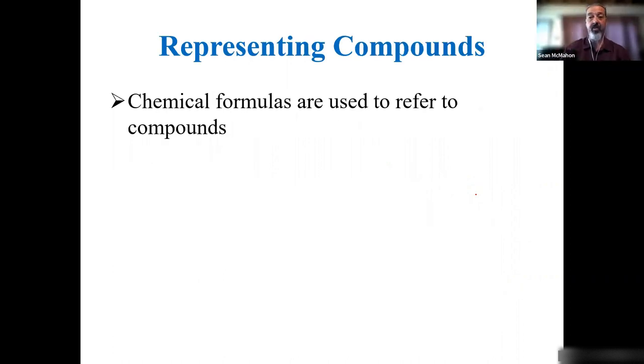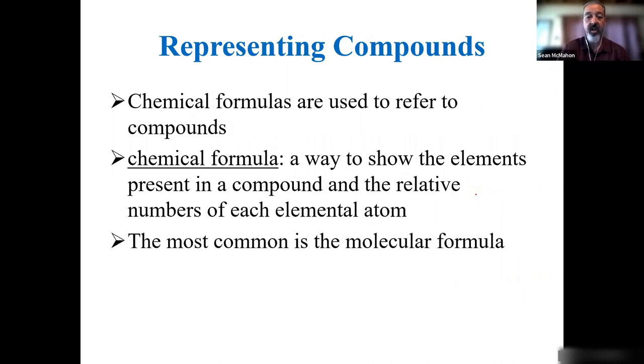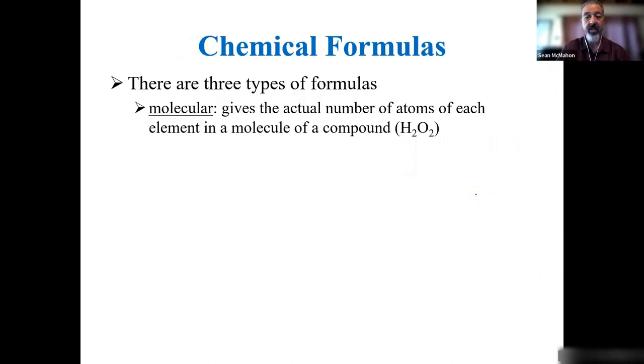So we want to be able to represent things in the correct ratios so that we can have the correct chemical formulas. So that's what a chemical formula does for us. The most common way to do this is through what's referred to as a molecular formula. So there's 3 types of chemical formulas. There's the molecular formula.